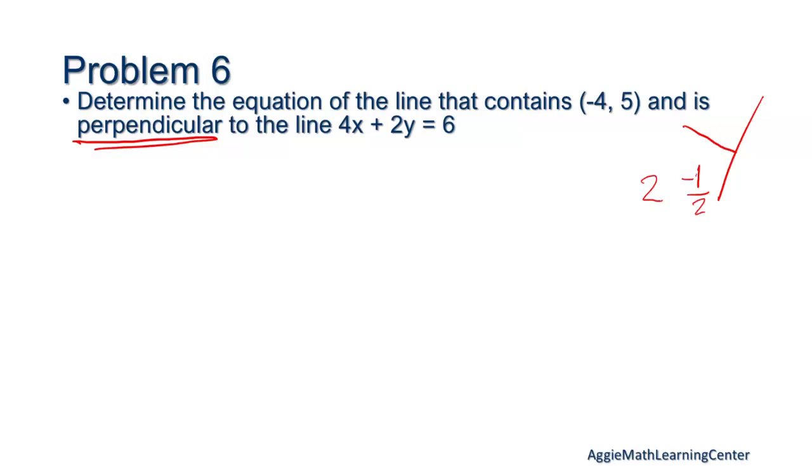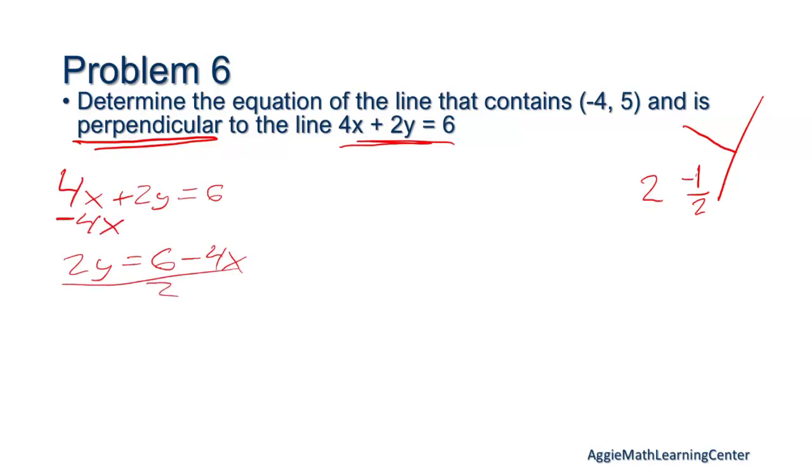Yeah, so first we want to find the slope of this line, so then we can make them opposite. So I'm just going to do the same thing we did in the last problem, put it in slope-intercept form. So subtract 4x. Then I'm going to divide it by 2. So y equals 3 minus 2x.